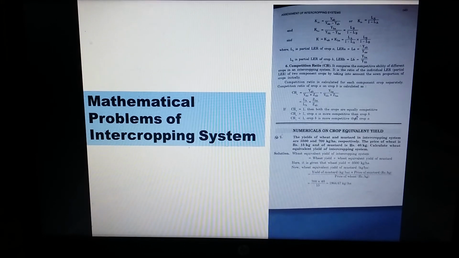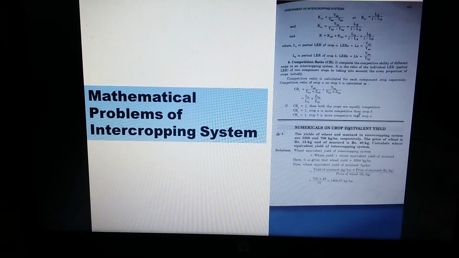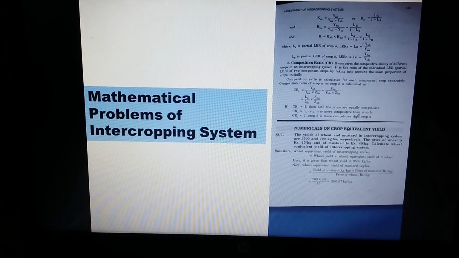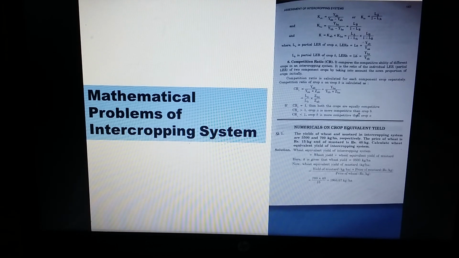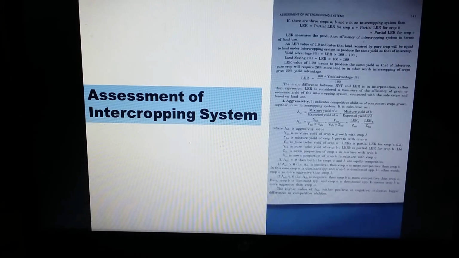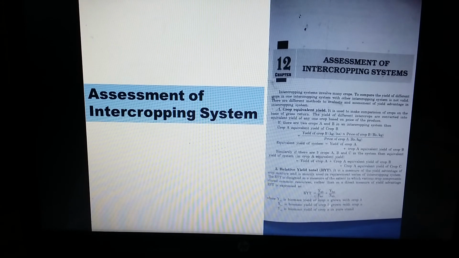So competition ratio is another assessment for the intercropping system. So I think I made 5 slides. Before starting the numerical problems, I thoroughly remind you again of the assessments of the intercropping system.